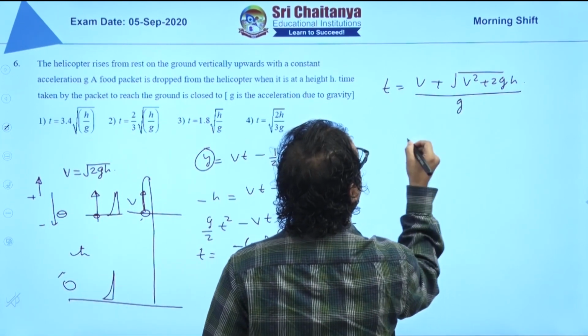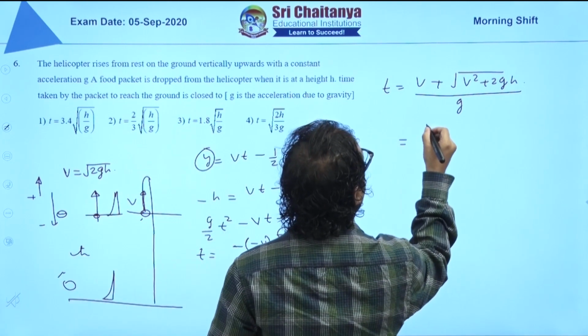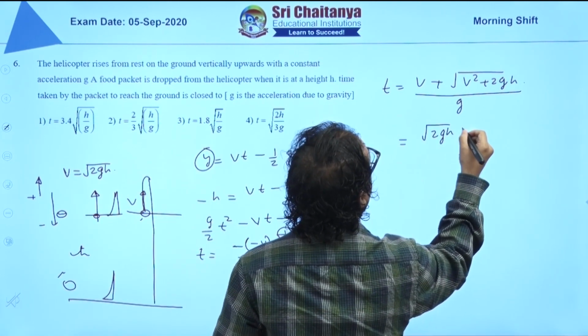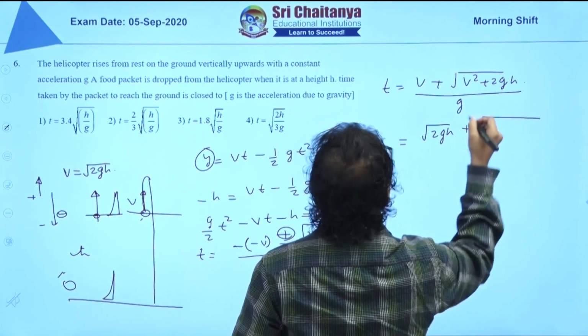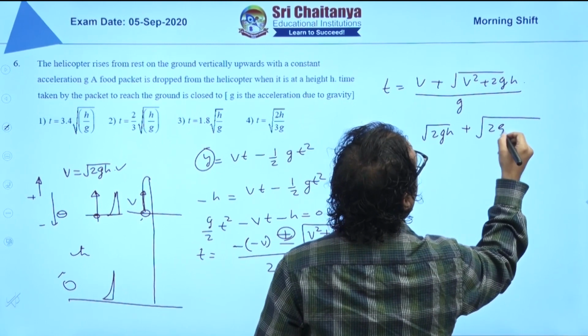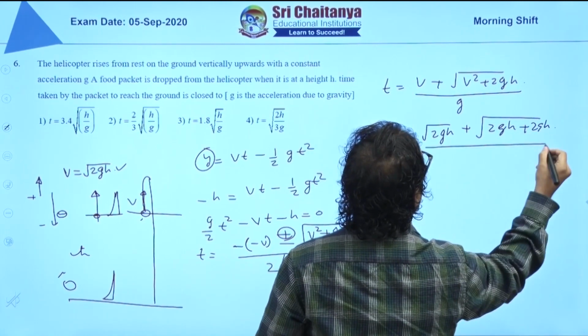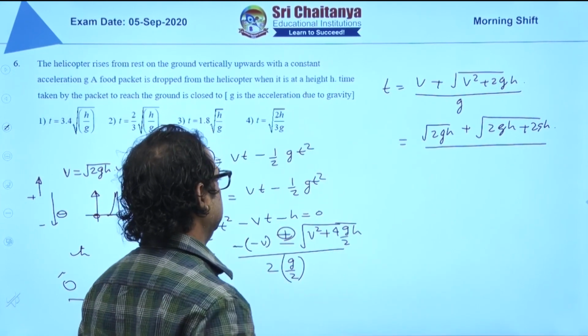So, just put the values. V value is how much, we are getting root over of 2gh, plus v square is again 2gh, so 2gh plus 2gh divided by g.